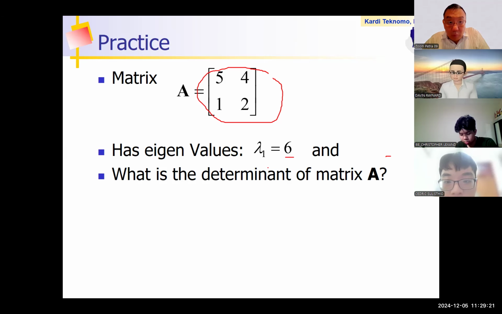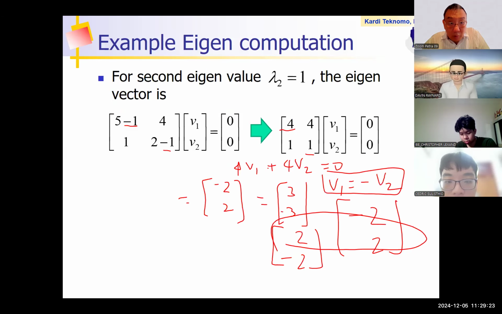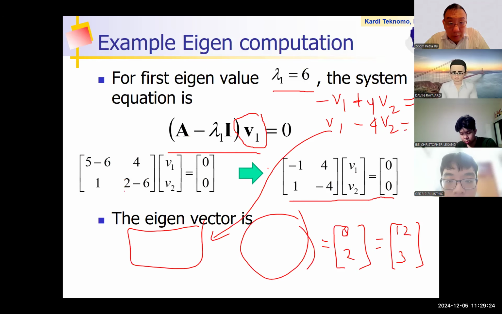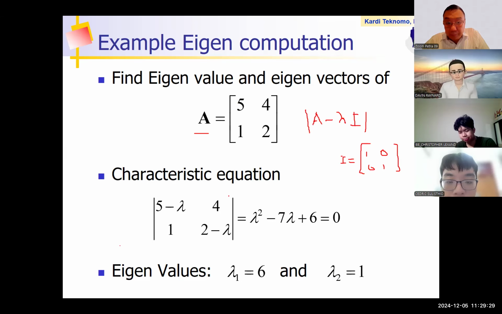Lambda 2, a while ago we already did this one. It is from the quadratic equation, from the polynomial equation, basically. You take A minus lambda times I, and then you take the determinant.